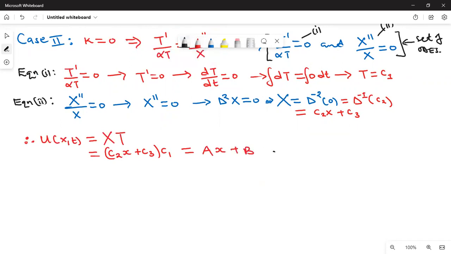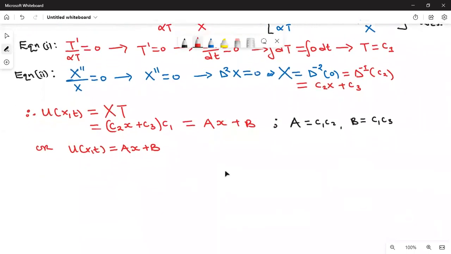What I'm calling a here is simply C1 times C2, and what I'm calling b is C1 times C3. They are arbitrary constants. So our solution u of x,t is equal to a times x plus b, where a and b are arbitrary constants. So this is our general solution.